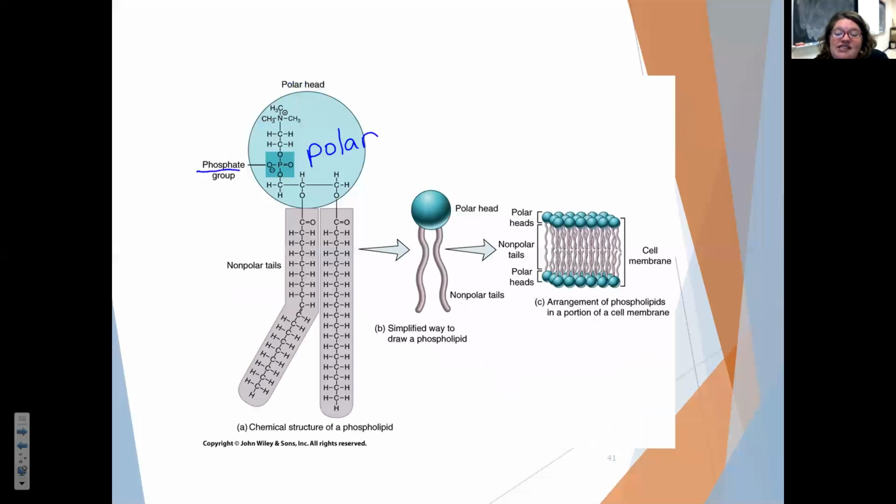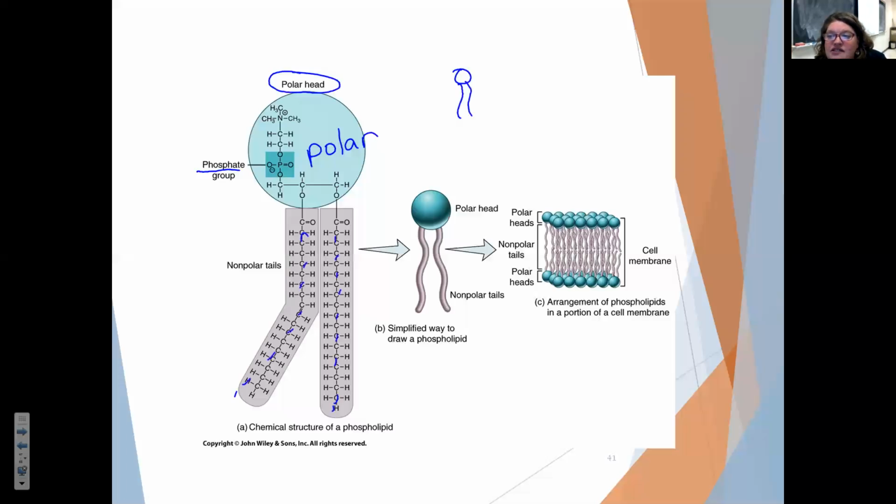And so this blue bubble that they're showing you is often called the polar head of the phospholipid. And then these fatty acid tails are the part that are very hydrophobic. So we simplify this by drawing the polar head as kind of this round molecule, and then these little fatty acid tails.